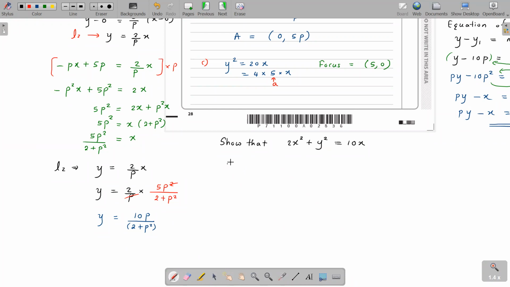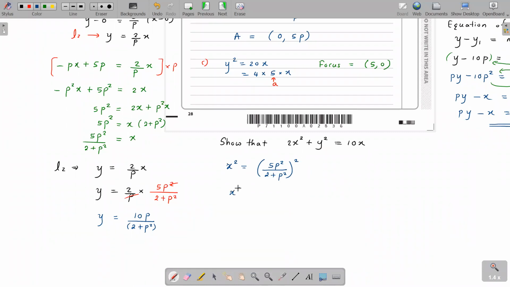So for 2x square, x is 5p square over 2 plus p square, right? So what is x square? X square means you have to square the whole thing, isn't it?